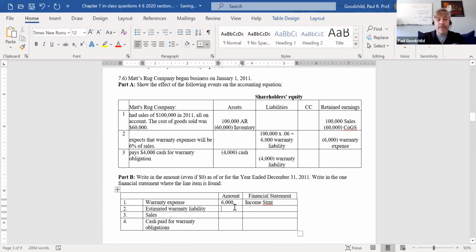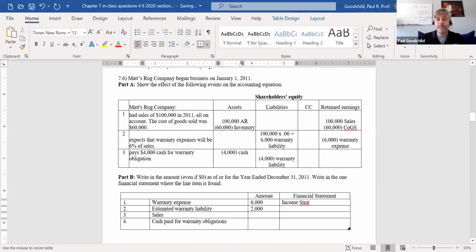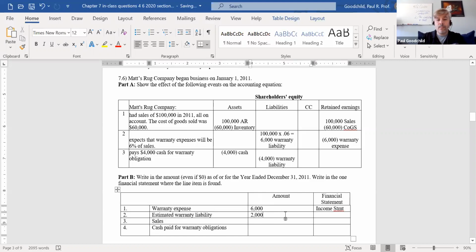So here we'd have 2,000, and that's netted from the 6,000 minus the 4,000. And that's on the balance sheet.